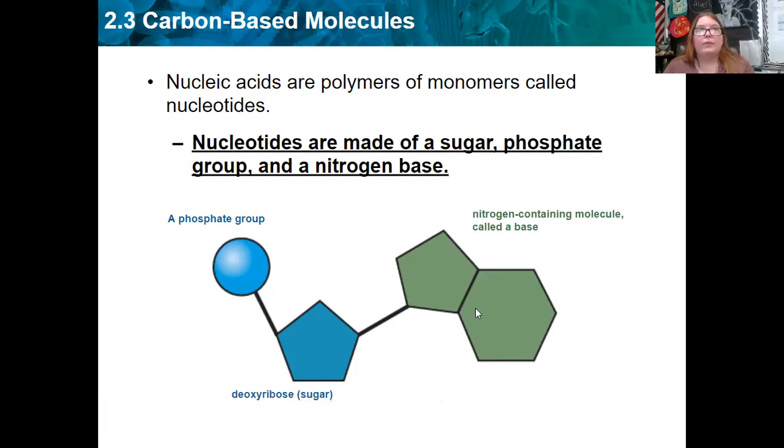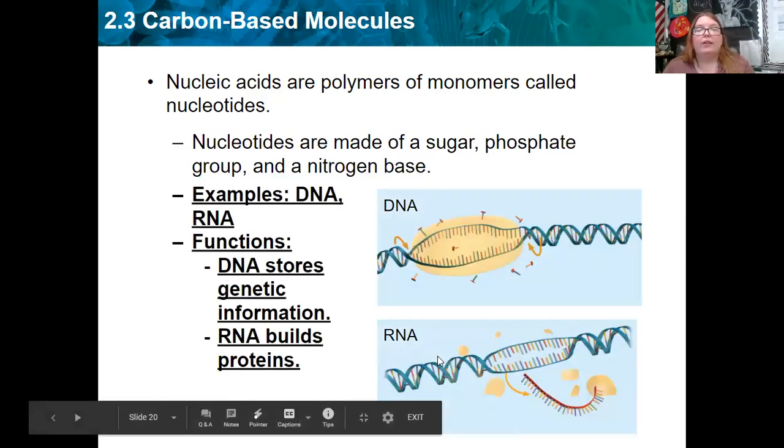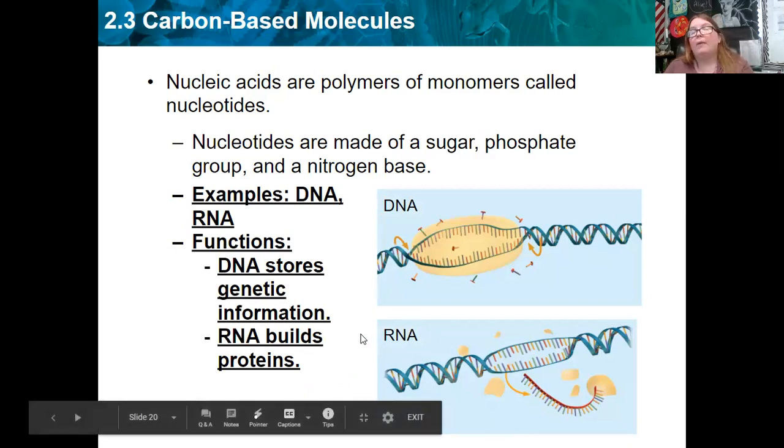So if you ever see the letters A, T, G, C with DNA, those are referring to the bases. So DNA and RNA are also examples of nucleic acids, and DNA's job is to store genetic information, so that's its function or purpose, and RNA helps build proteins. You're going to learn all about how all that mess works later.